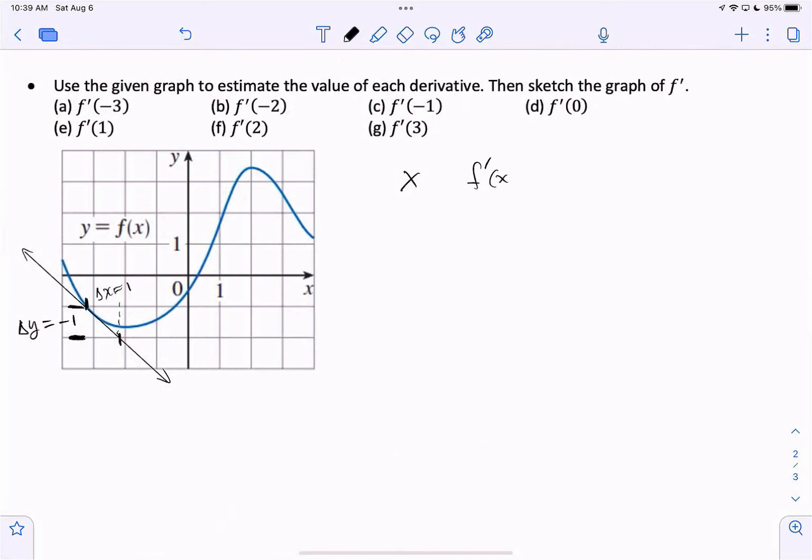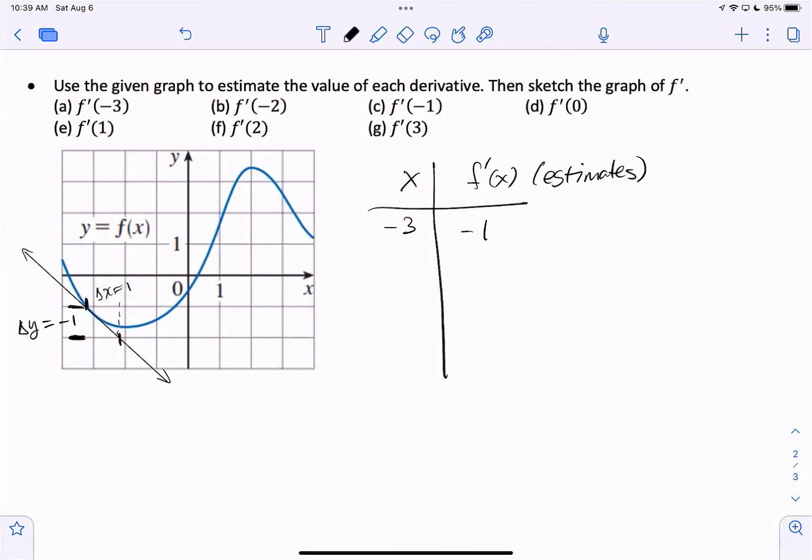But f prime of x, and we're starting with -3. And here I'm saying the slope is -1 over 1. And so I'm going to say this slope is about -1. So these are all estimates. And we're going to do the same thing for -2, -1, 0, 1, 2, and 3.